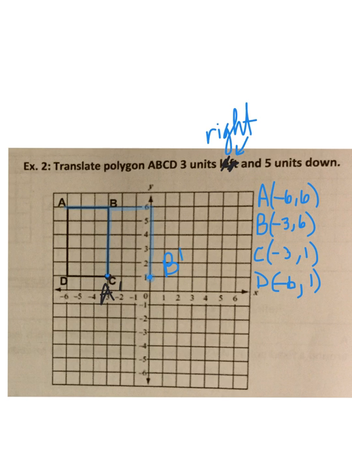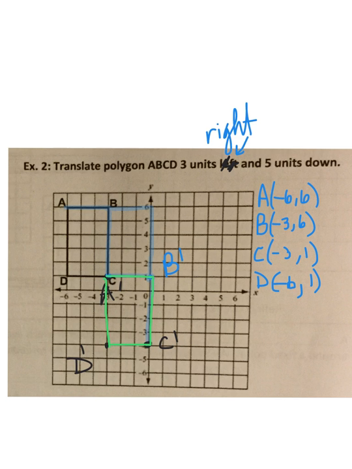C prime, 3 units to the right, 5 units down. And D prime. I'm going to go ahead and connect my points. So here's the new image.